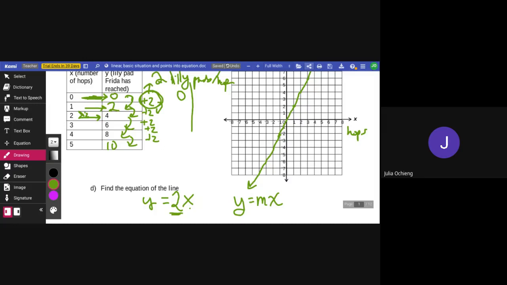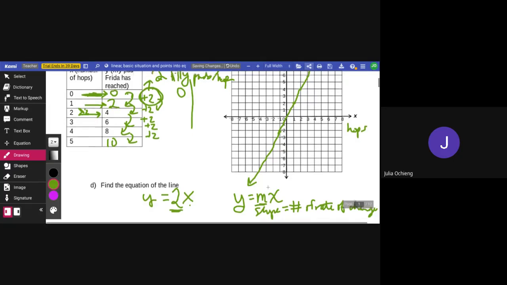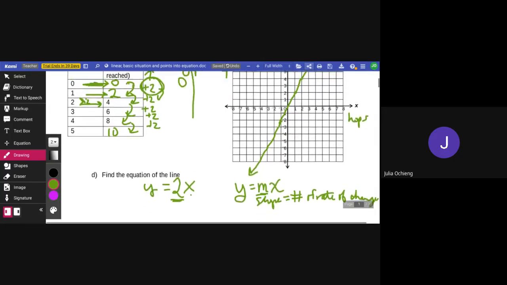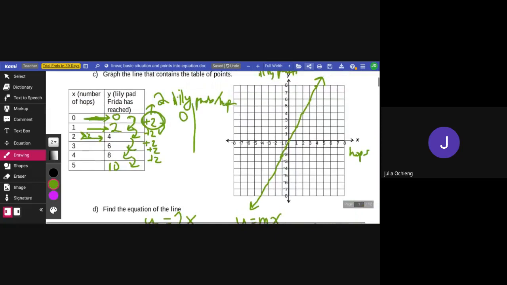And that m stands for the slope or the rate of change. Okay. Because the rate of change tells you how much the y changes per every 1 x. So in this graph, the y changes 2 lily pads for every 1 hop.